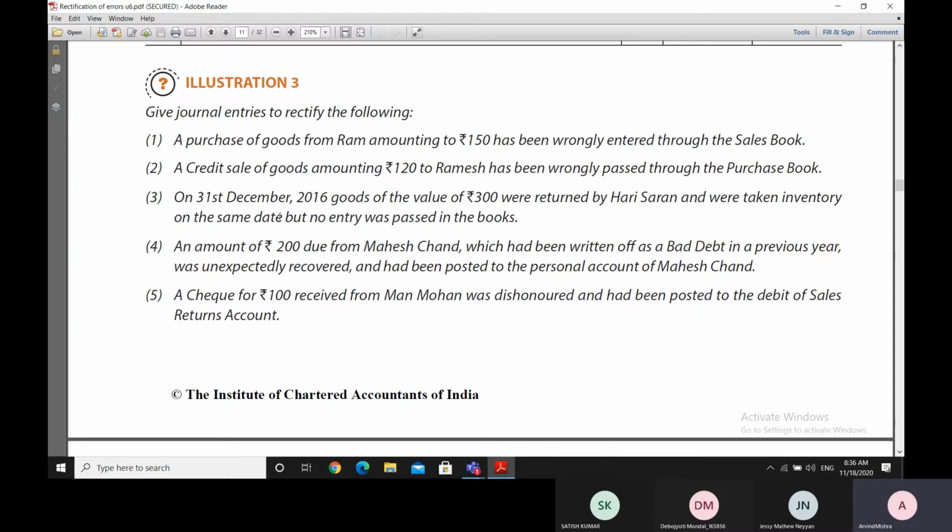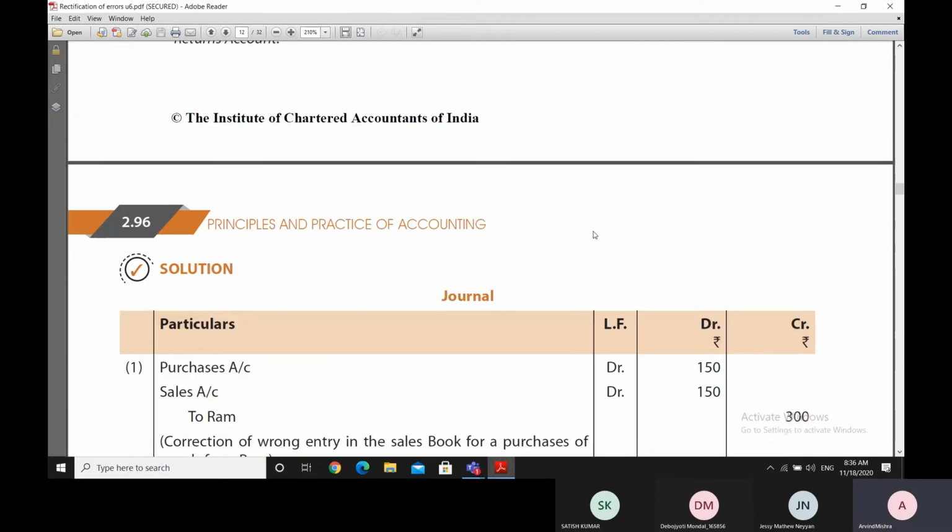Now, third: on 31st of December 2016, goods of the value 300 were returned by Harisaran. So there is a goods return, and the goods were taken into inventory on the same date, but no entry was passed in the books. So we need to make that entry of the goods return, which was earlier not made.